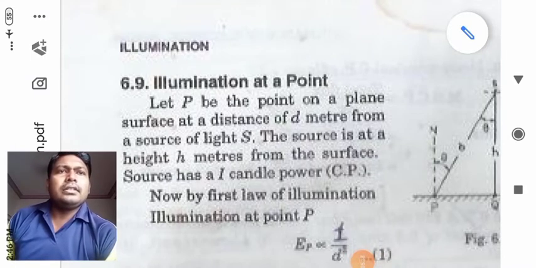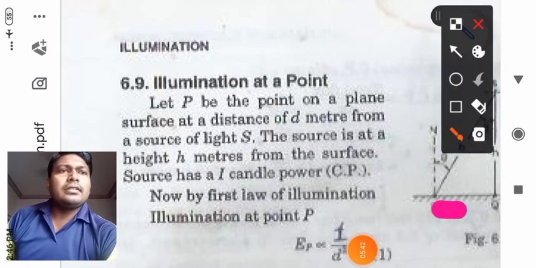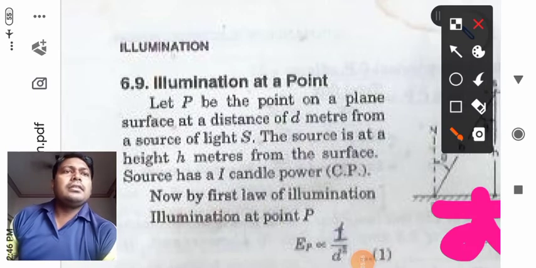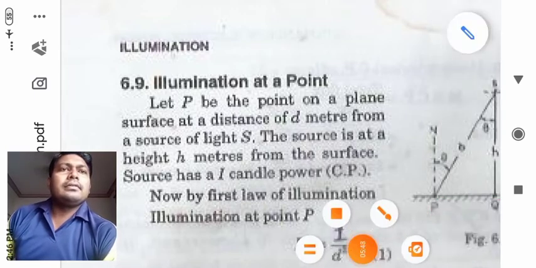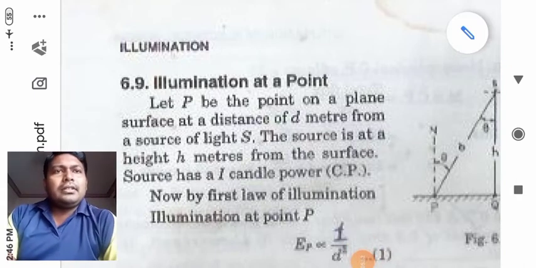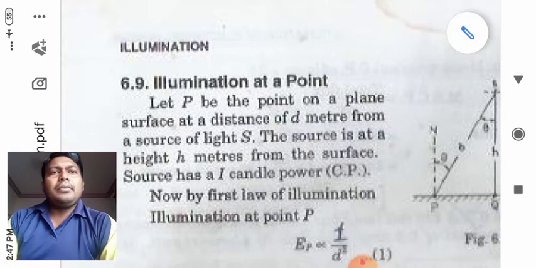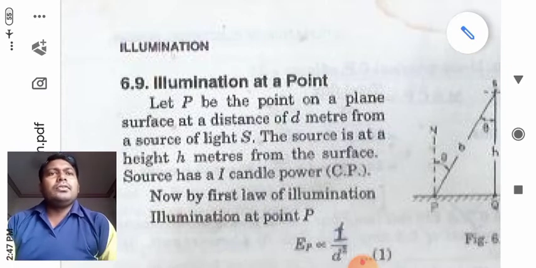Which one is the distance small d? This one is the distance from P to Q. The source has a candle power equal to capital I.